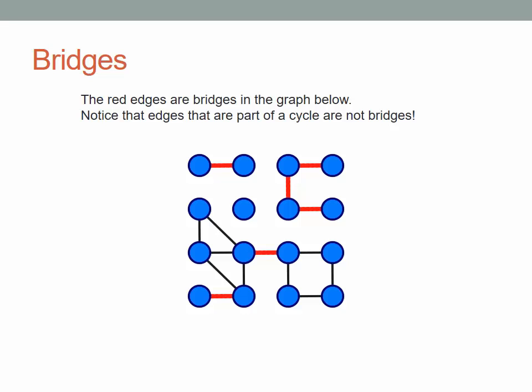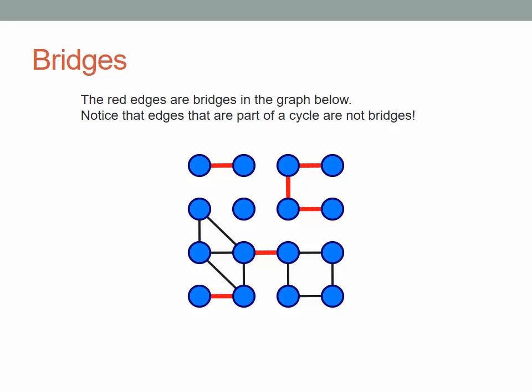So let's take an example where the original graph has more than one component. In this example, we have 1, 2, 3, 4 components. One of the components is a single vertex. One of the components is a single edge. One of the components is a path of length 4. And then we have our larger component. The red edges are all bridges.